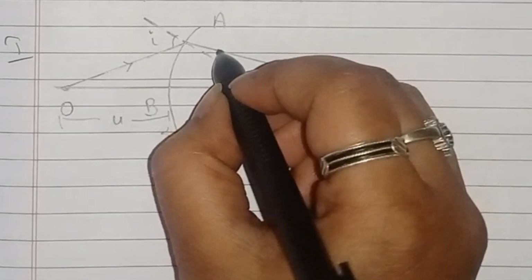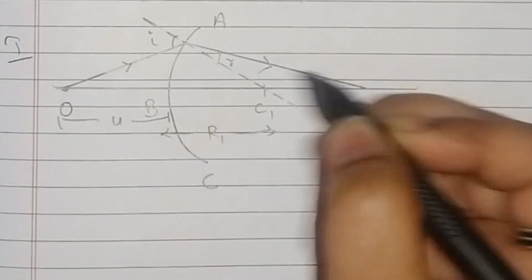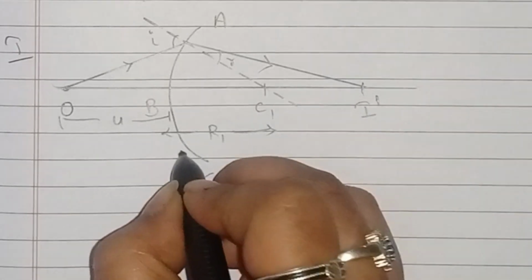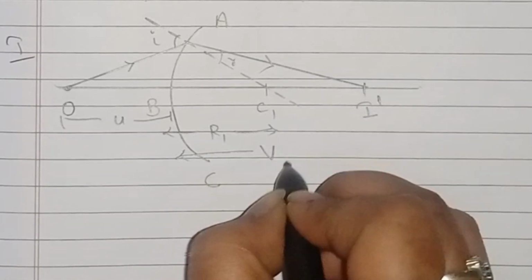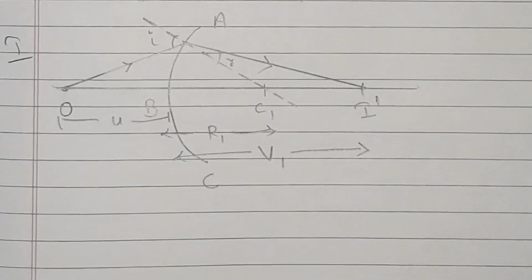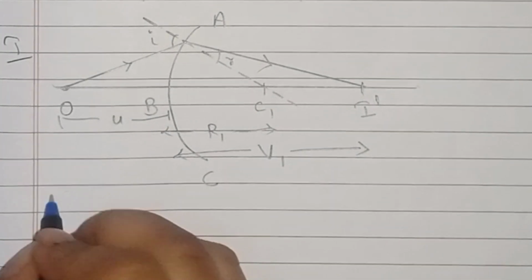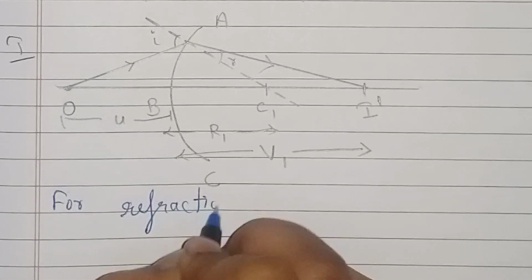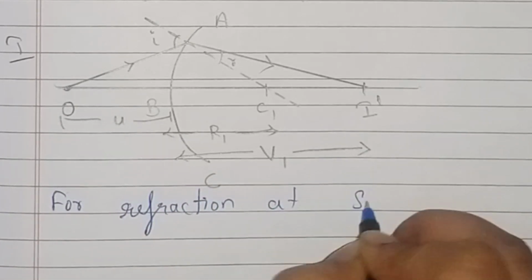This is the angle of incidence and the angle of refraction. This is the refracted ray. The image formed here is I dash. Therefore V1 is the image distance. So first we have taken the refraction at surface ABC.